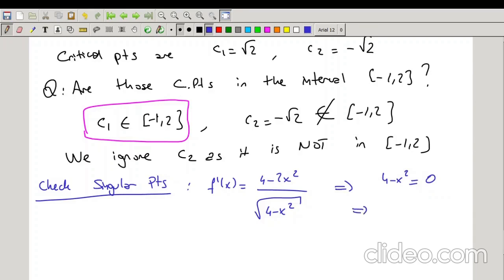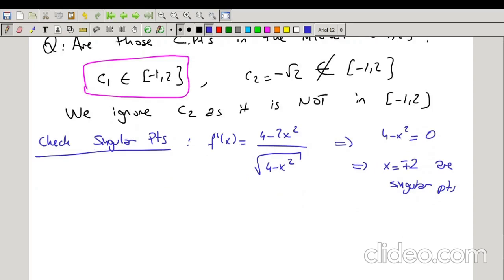So this implies x is equal to plus or minus 2 are singular points. Again, we ask the question, are those points in the interval minus 1 and 2? Since x is equal to minus 2 is not in the interval minus 1 and 2, we ignore x is equal to minus 2.